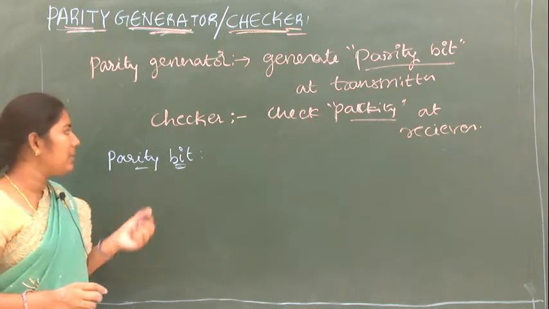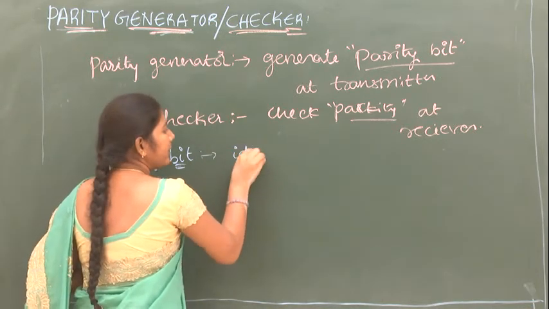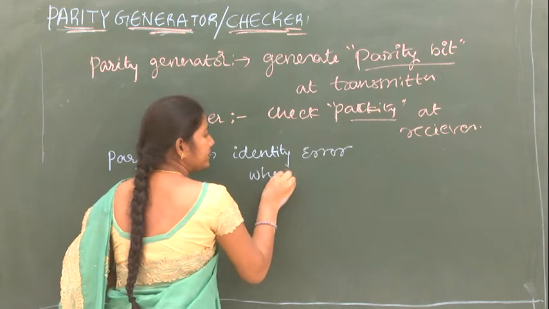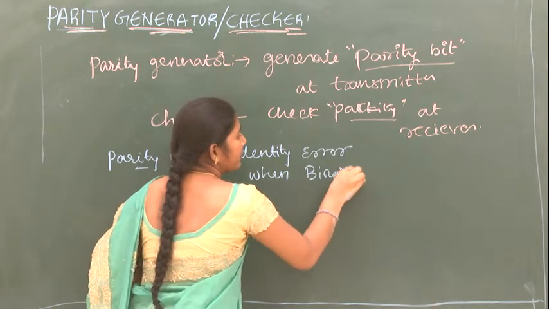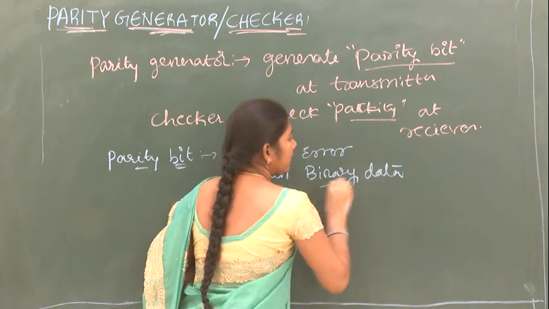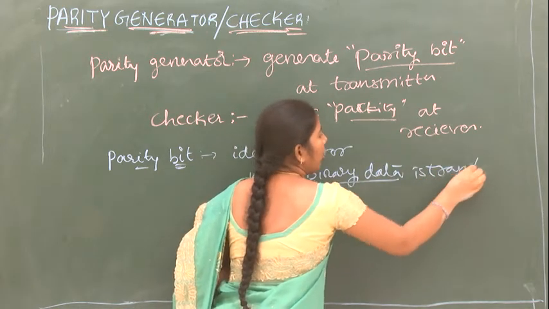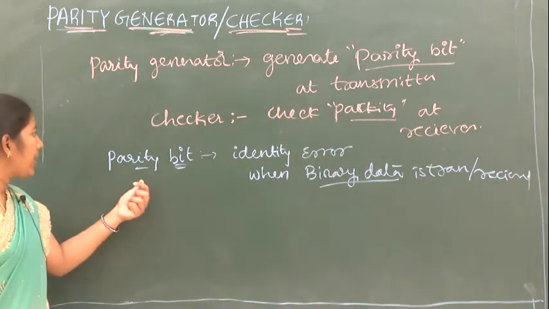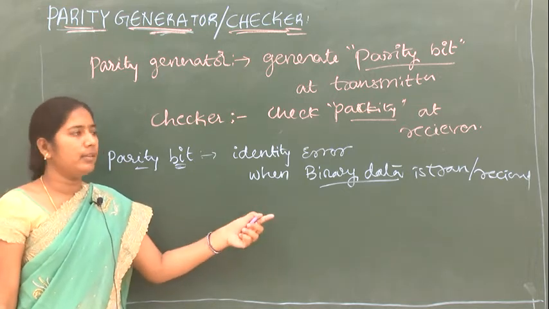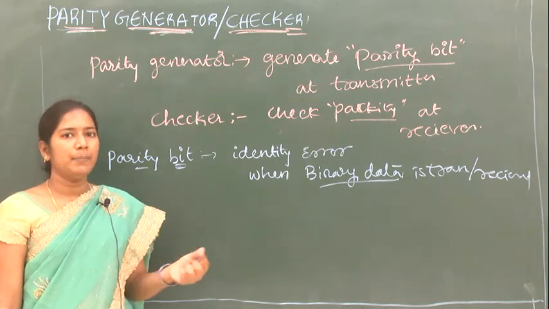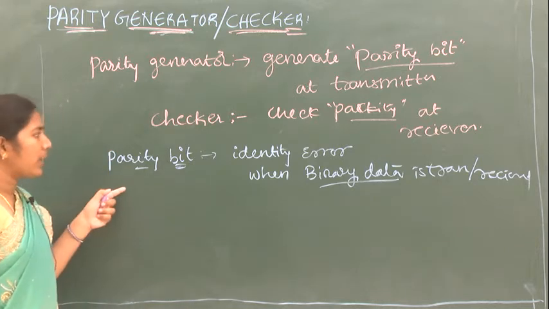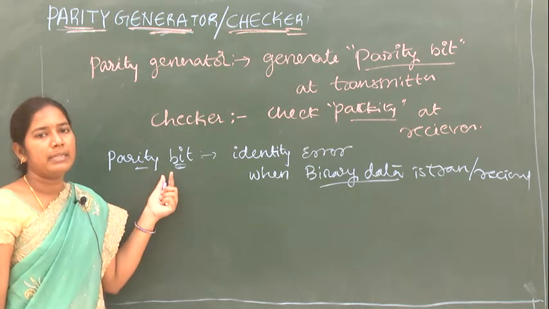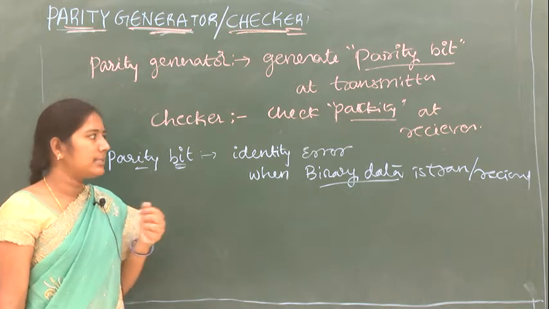The purpose of the parity bit is that it will identify the error when binary data is transferred or received. That's why we need to generate this parity bit and we need to check this parity bit value at the transmitter and receiving end.